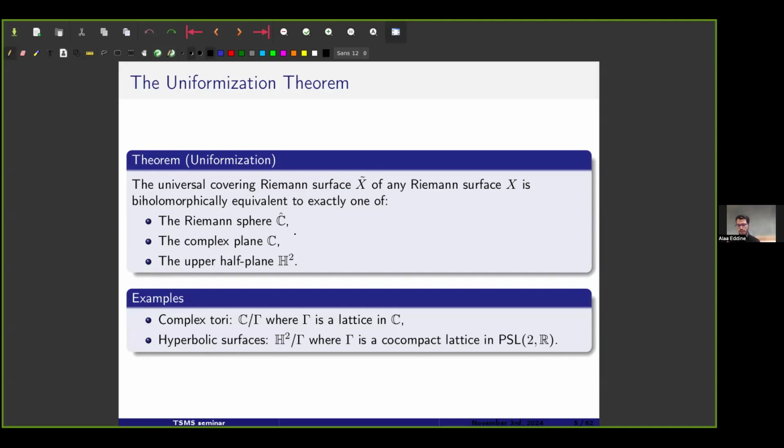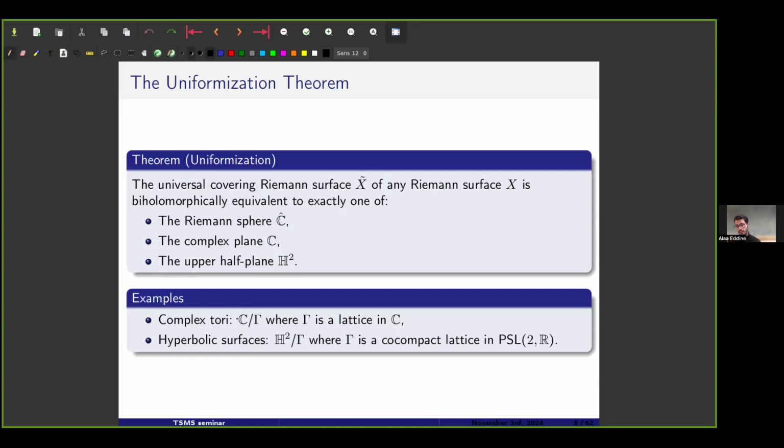And since we are going to be interested in compact surfaces, any Riemann surface will be a quotient of these. So either it will be the Riemann sphere, or it will be an elliptic curve or a complex torus. Maybe complex tori is not used for one-dimensional tori, but I will use it here.